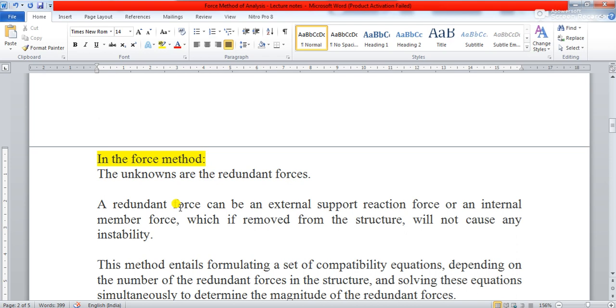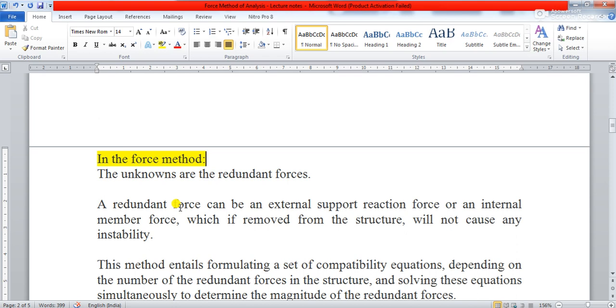Then you remove all the loads and apply only the unknown force, that is the reaction force at the prop end, at that same point, and you get another deflection equation.